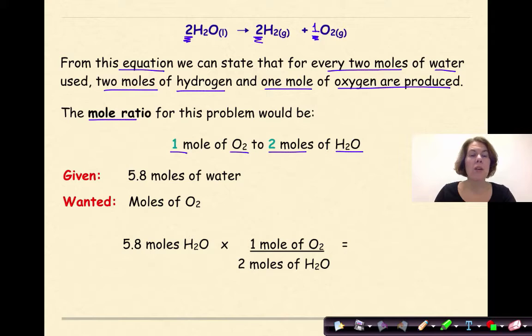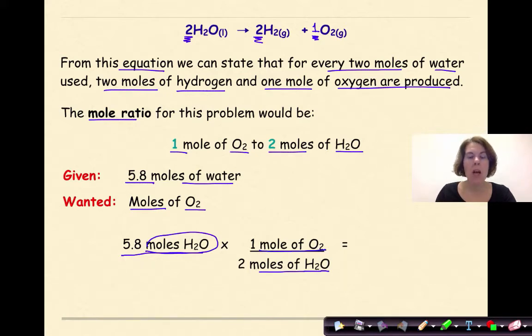So our given here is 5.8 moles of water. What we want is moles of O2. We start off always by writing our given, 5.8 moles of water. I'm going to do a multiplication sign and a line. Since I start with moles of water, that's going to go on the bottom of my ratio. I want moles of O2, so that's going to go on the top.